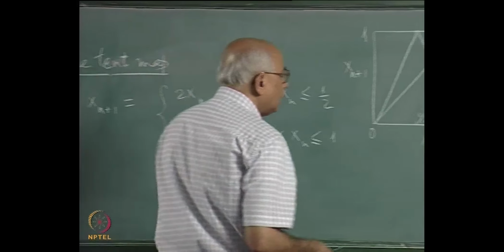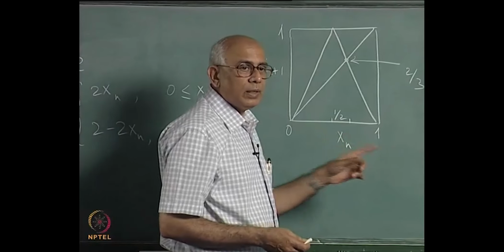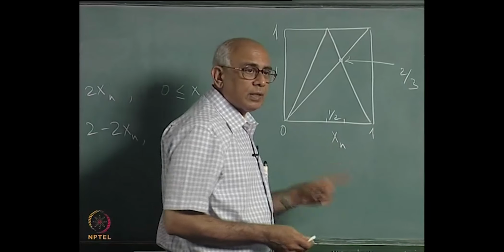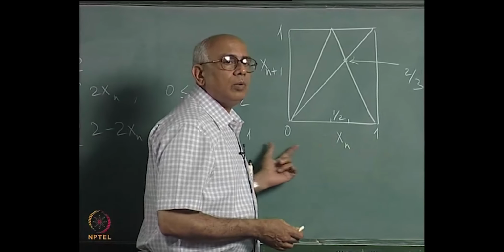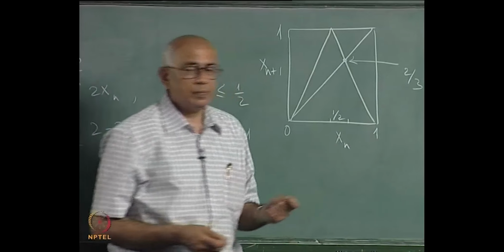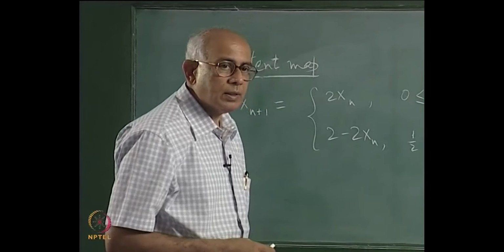We still have to find out how ergodic this system is on the unit interval. It is an ergodic system, that is clear, because typical initial points sooner or later go to the neighborhood of every point on the interval. So by our earlier definition of ergodicity, this is an ergodic system.